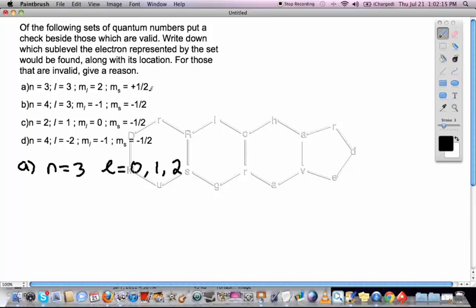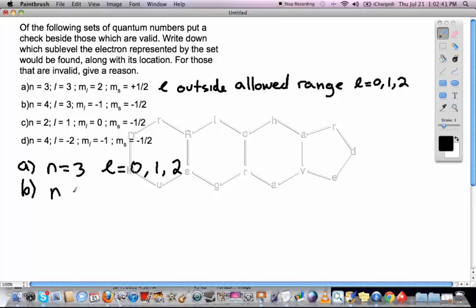So L is outside the allowed range, and that's because L can only equal 0, 1, or 2.